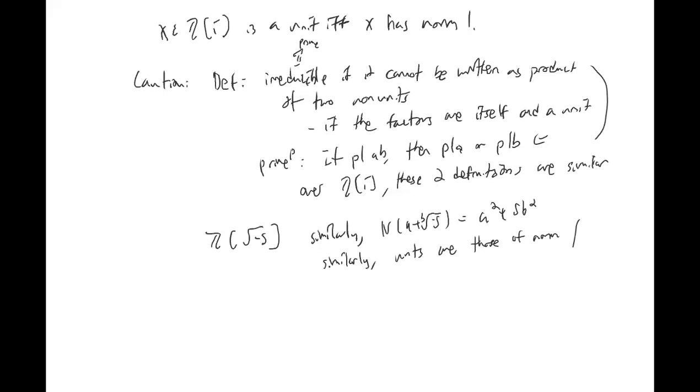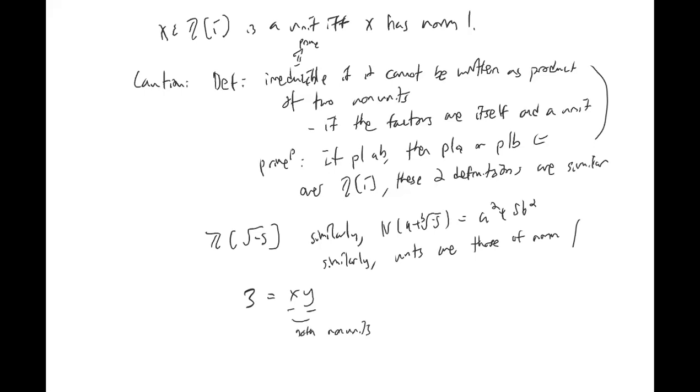From here, the number 3 is irreducible. Why is that? Because I can't write it as a product of two non-units. Suppose I can write it like this, where x and y are both non-units.